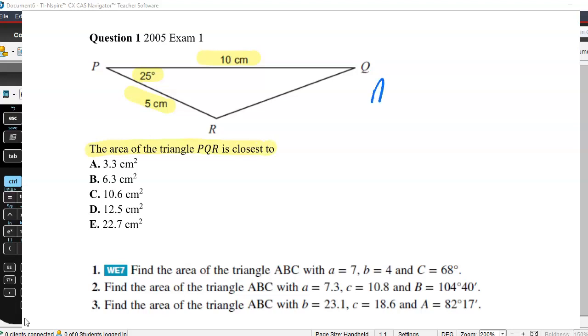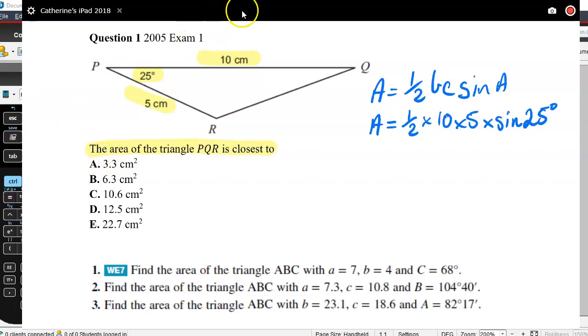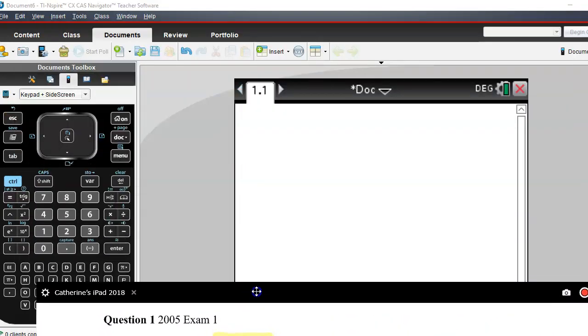Okay, so area equals half times b, c, sine A. Okay, so area equals half times 10 times 5 times sine 25 degrees. And popping all of that in.